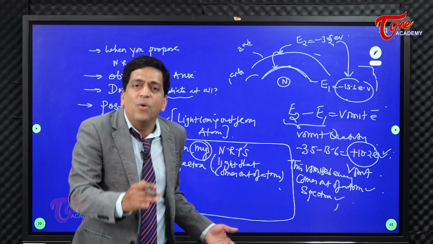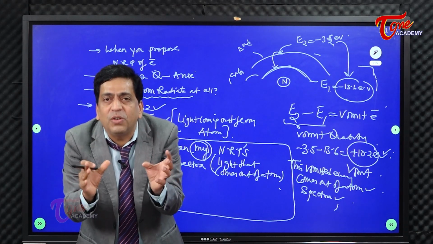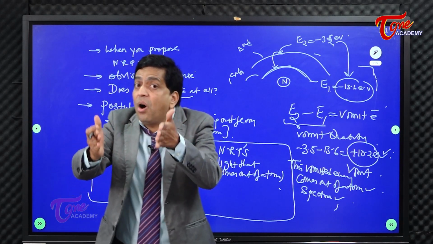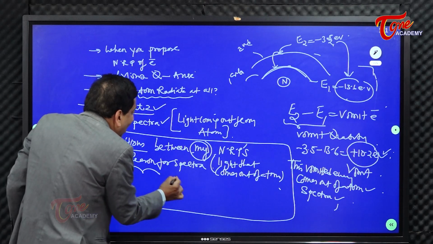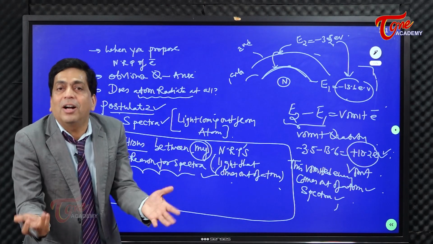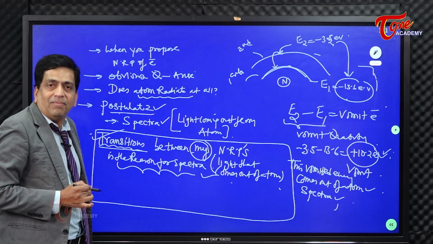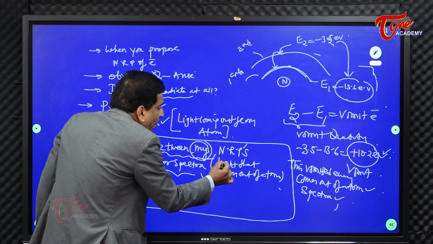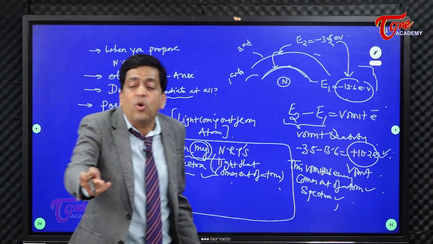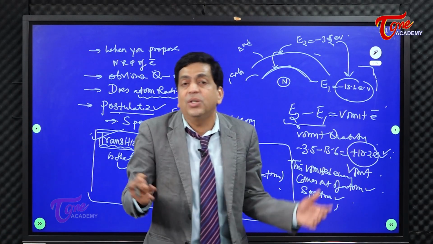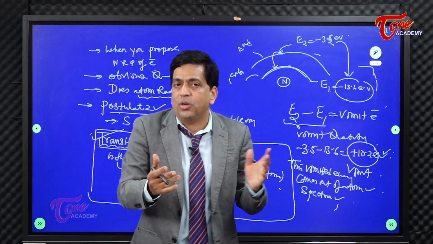It is only when you jump from higher orbits to lower orbits that the excess energy which is vomited out comes out from the atom, and that is how he was able to explain the spectra. You must understand this. So it is transitions between his NRPs that is the reason for the spectra, and not the electron while revolving in the orbit giving out the energy. You must understand this.